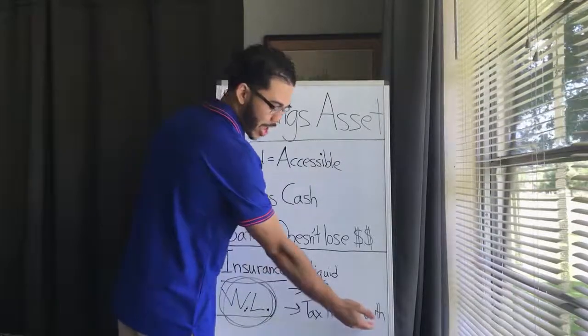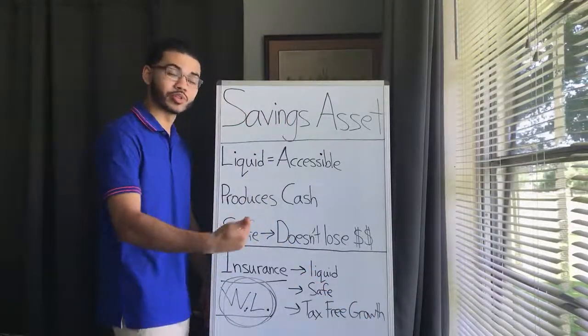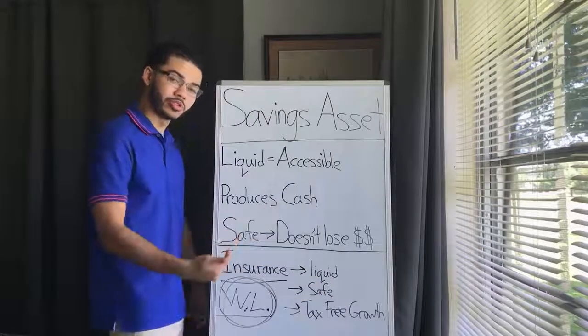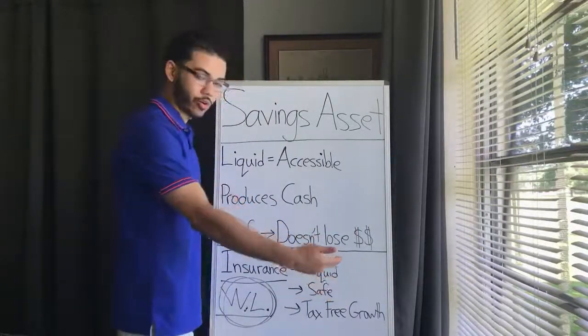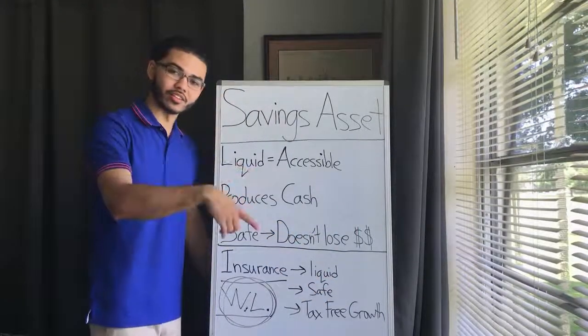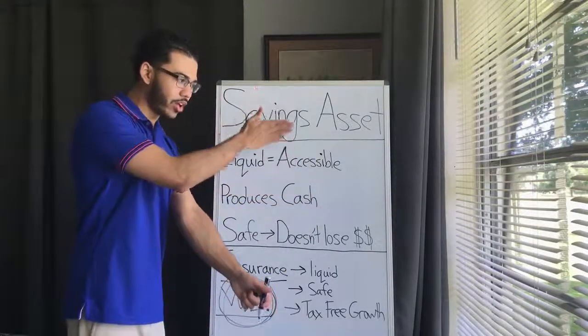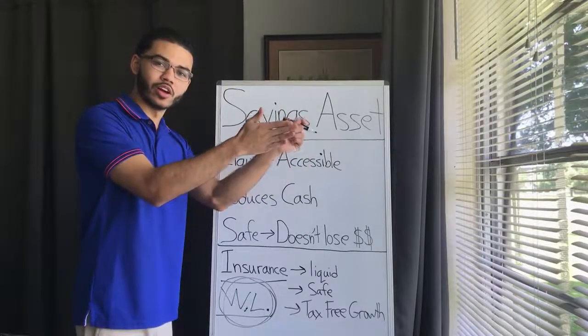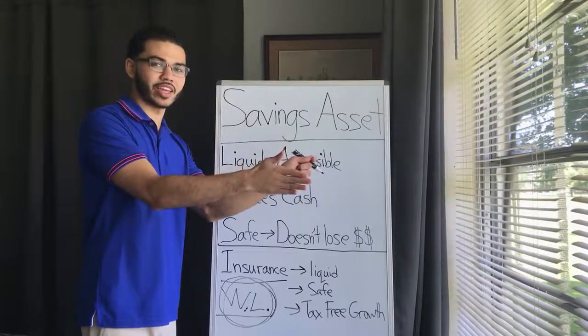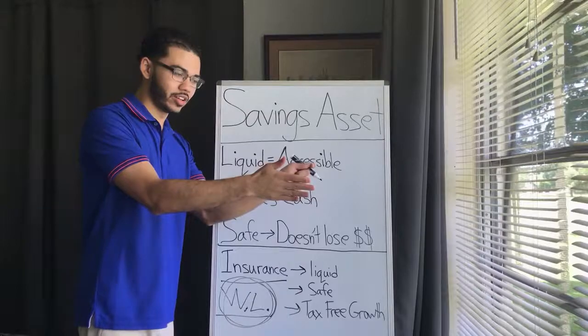It produces cash, and not only does it produce cash, it produces it tax-free. Why? Again, the IRS started in 1913, and whole life had already been in place for about 3 or 4, maybe 5 decades.